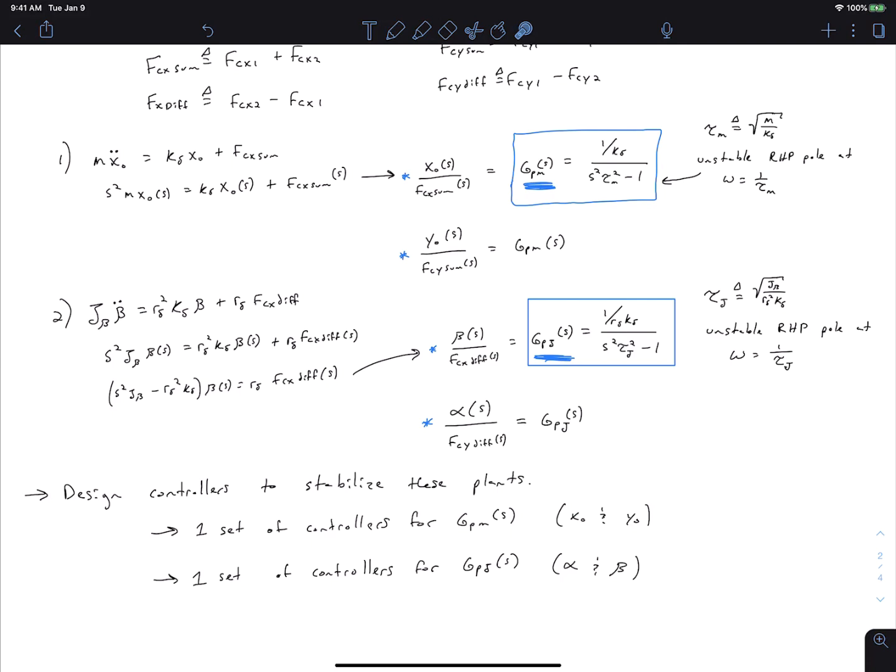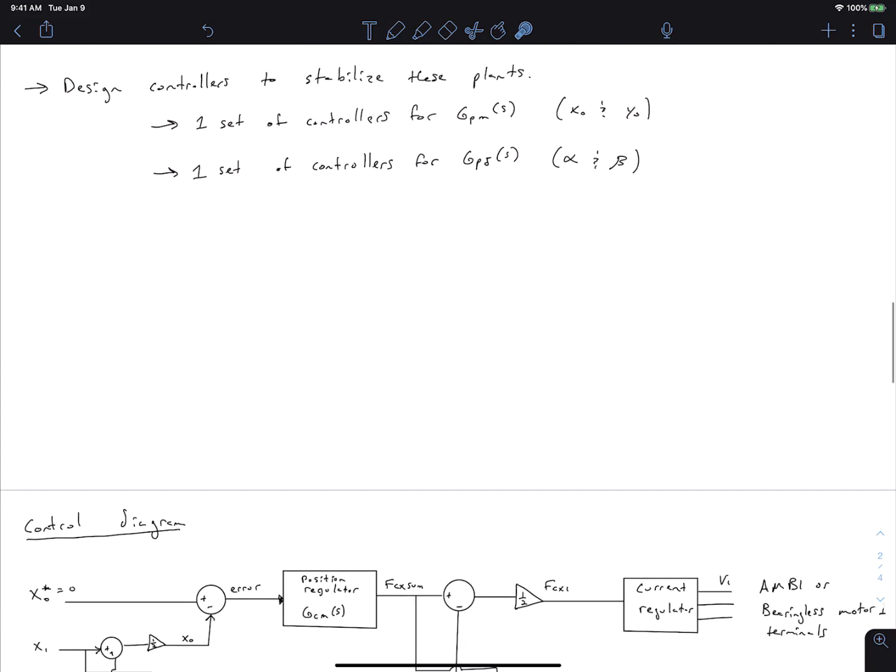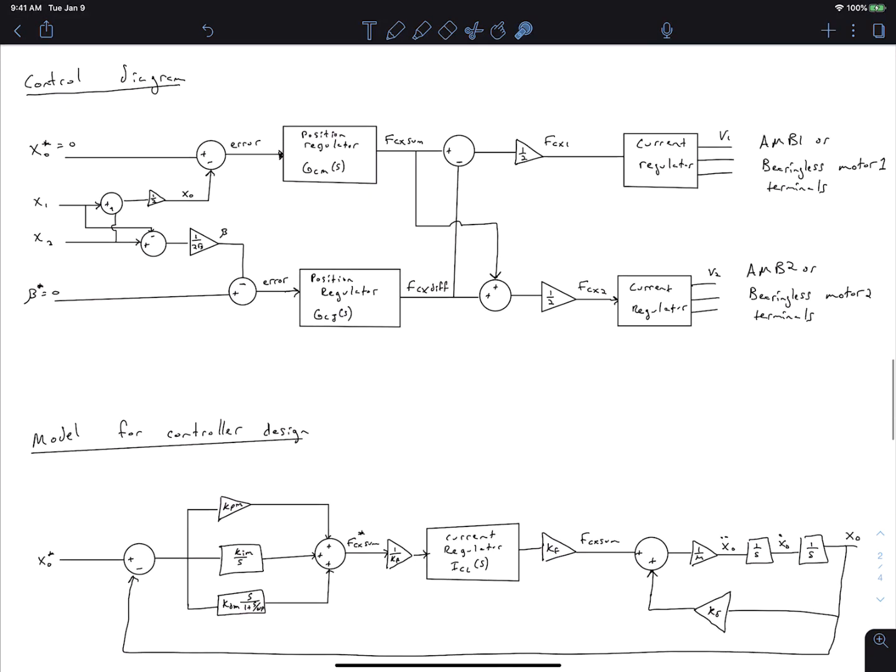And we recognize that these differential equations, or these transfer functions, are actually in the same form as we discussed in a previous video, and so we already know an approach to design controllers for them based on the values that we have for R delta and K delta, and tau m and tau j. Next, we sketched the general control architecture for the complete 4 degree of freedom centralized control approach.